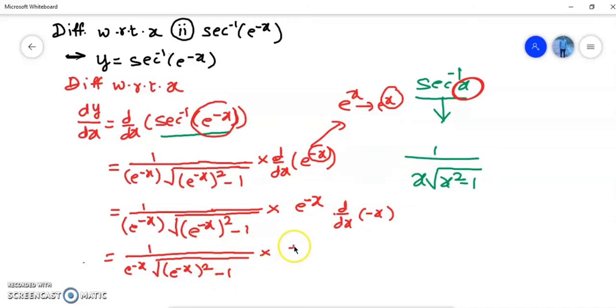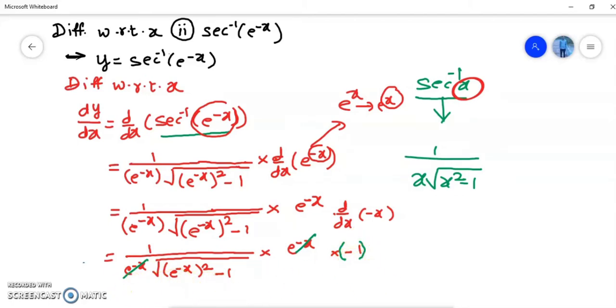If you work out, e raised to minus x is there into minus x, its derivative is minus 1. If you see, this e raised to minus x cancels with this e raised to minus x and minus 1 remains.